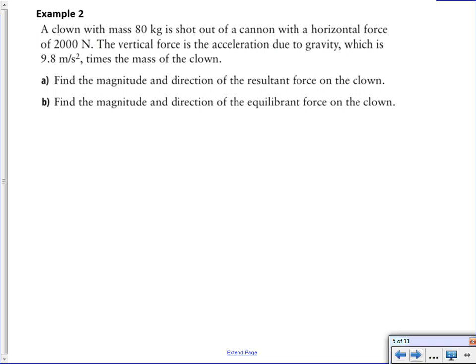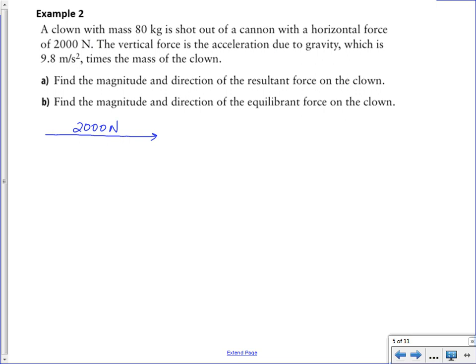So what should my first vector look like? Horizontal force, 2,000 newtons. So there's my clown initially. That's the force the cannon is applying to the clown, 2,000 newtons horizontal.